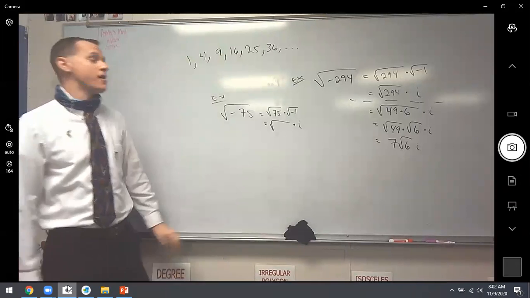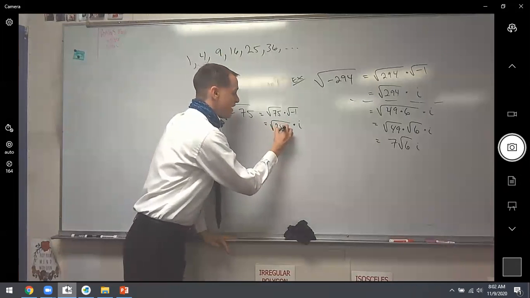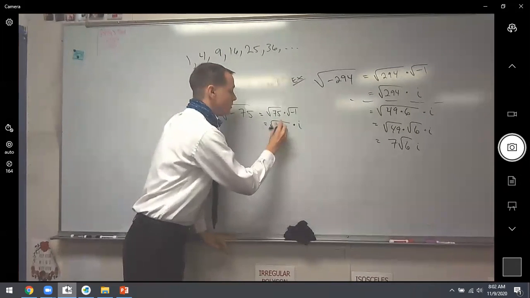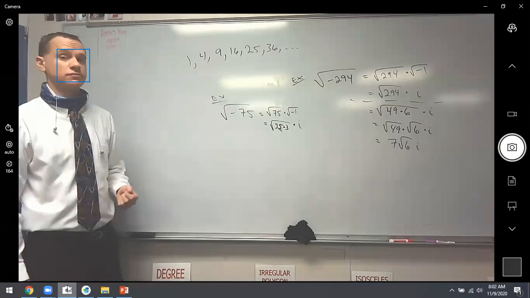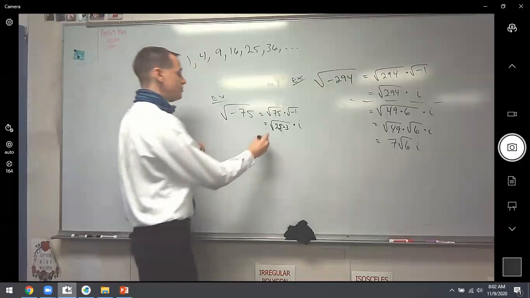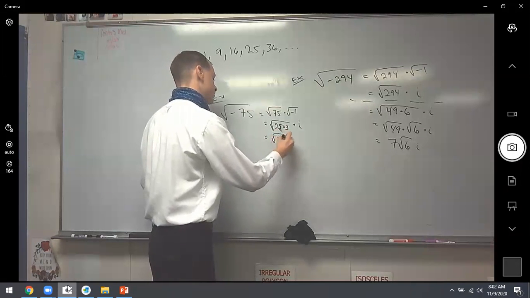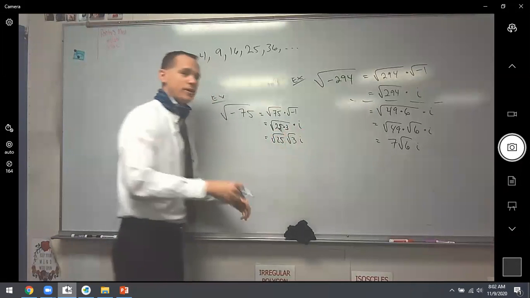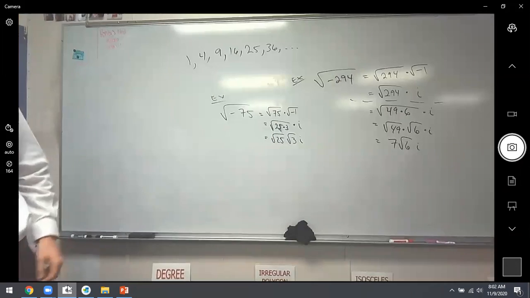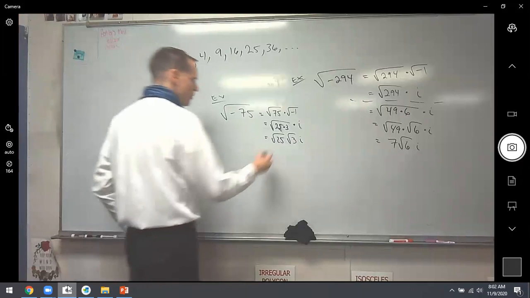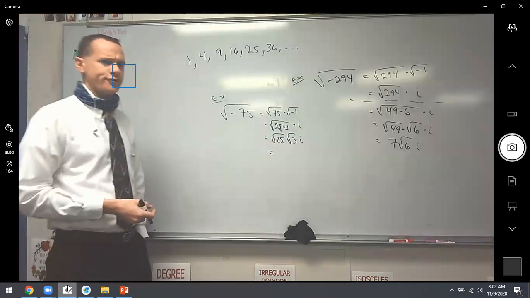25 does. I agree. So I'm going to write this 75 as 25 times however many times I need to multiply it by to get to 75, which in this case is 3. And the whole reason I'm doing that is because I can keep breaking these roots up. I can break the 25 and the 3 apart. I can break the negative apart. We can put them all in separate roots. And the reason we wanted to choose 25 is because the square root of 25 is pretty.